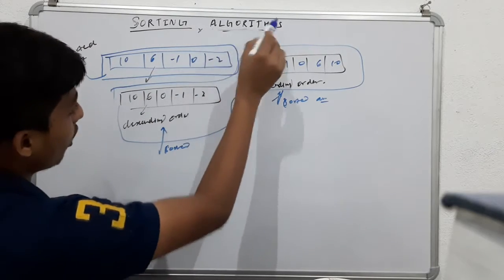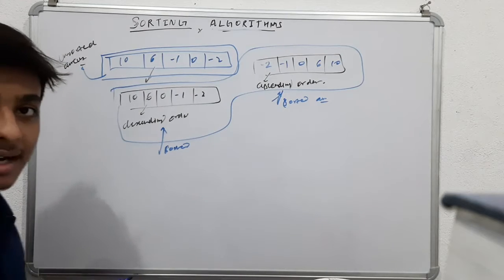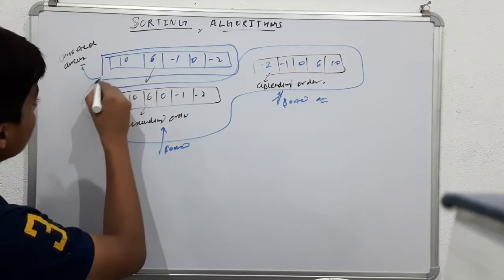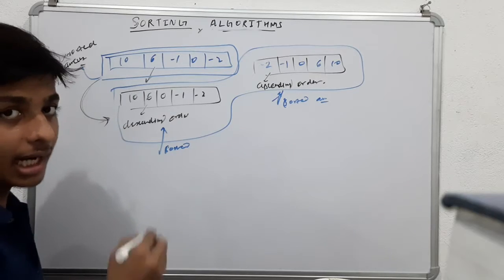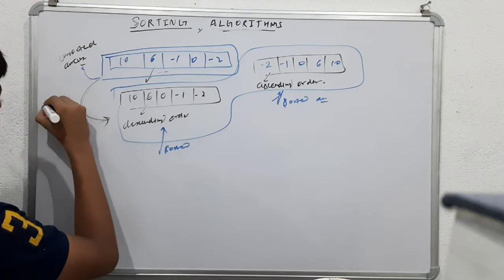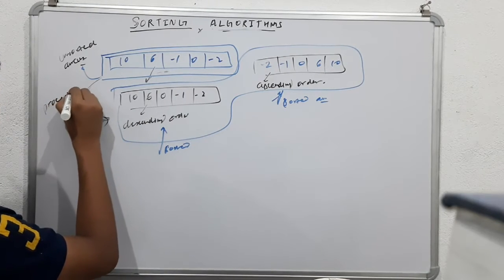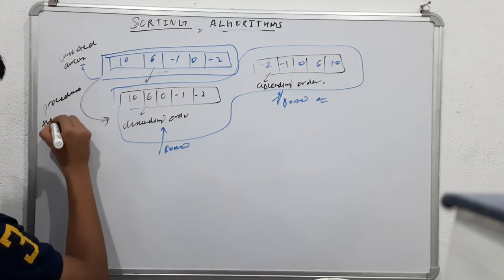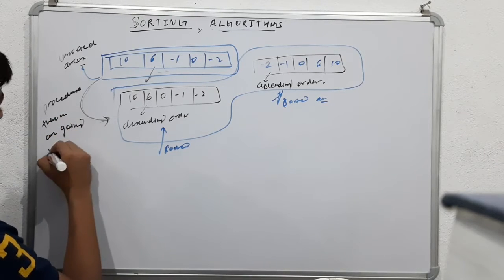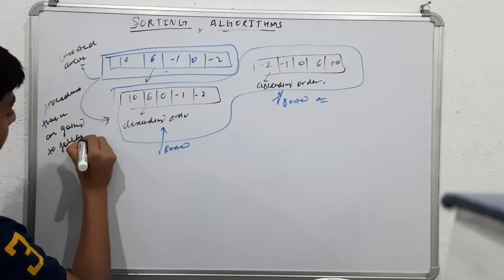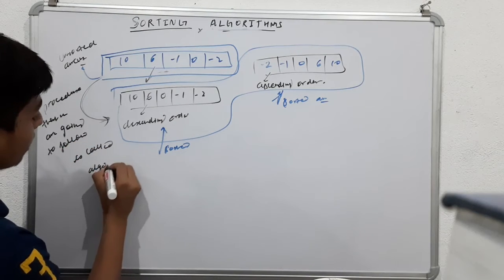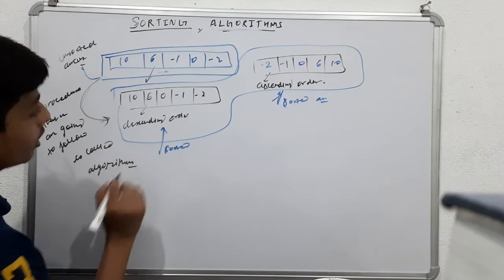Now let's see the algorithm. An algorithm says that if you have an unsorted array given, and you want to sort this array, the procedure that you are going to follow is called an algorithm.